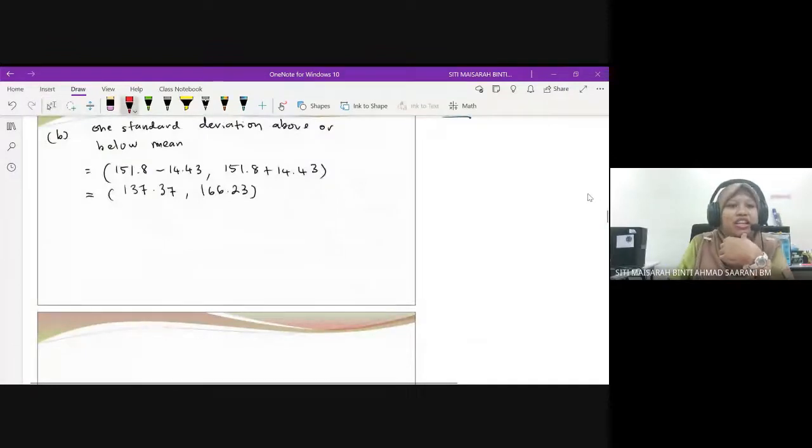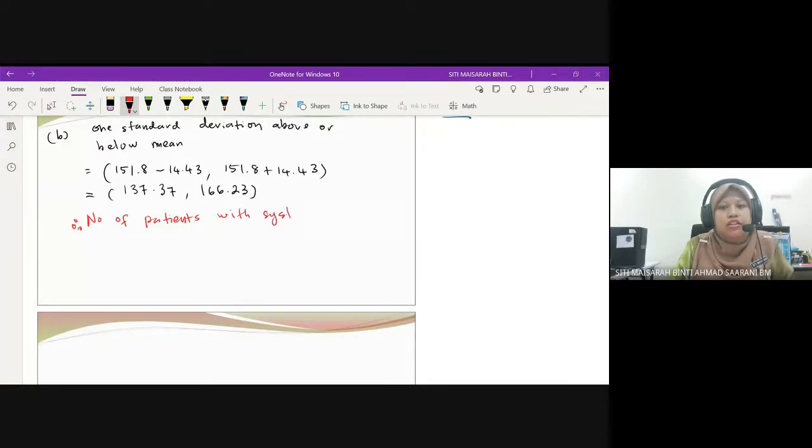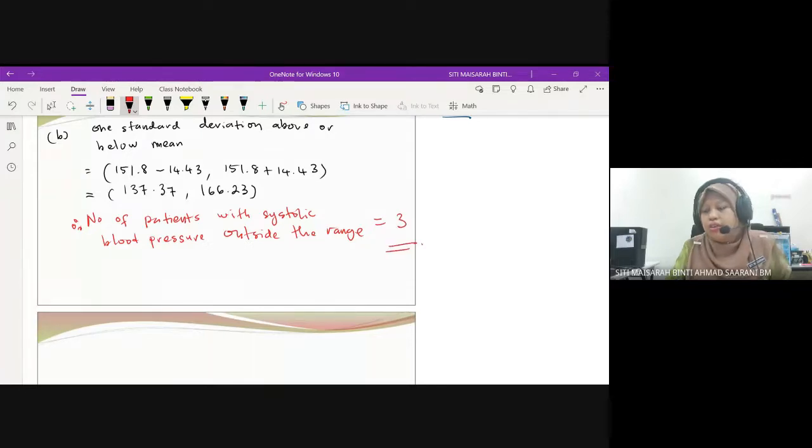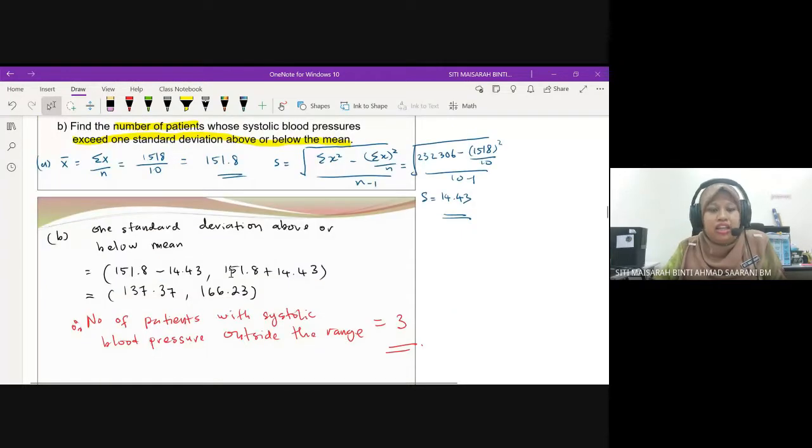So therefore number of patient with systolic blood pressure outside the range is equal to 3. Salin balik dekat ayat soalan tu lah. Okay, so ada 3 yang tak menepati interval ni lah.